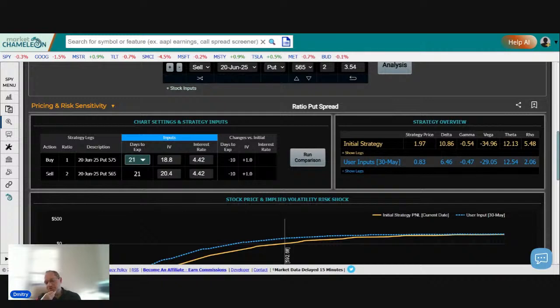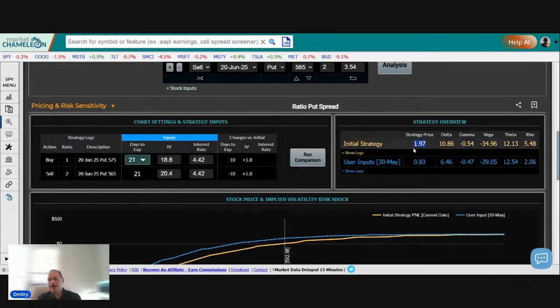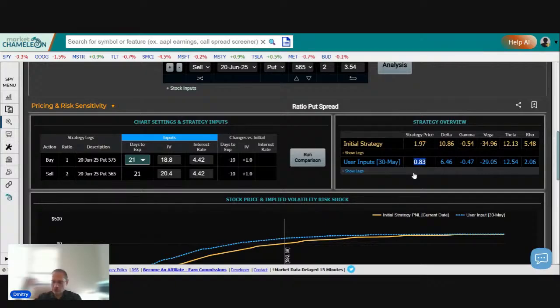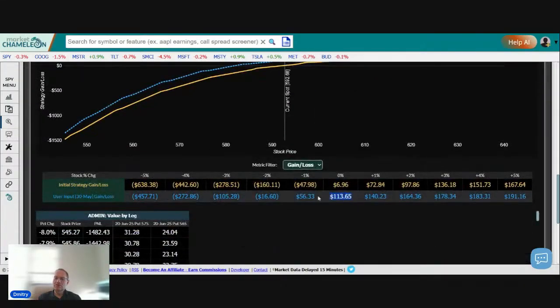So we get a little bit of a different picture now. We still had time decay work in our favor. So it went from a credit of $1.97, now it's worth 83 cents. So if we collect the $1.97, if we could buy it back for 83 cents, that's a profit. So that still looks good, but here, on the upside, we're still good.